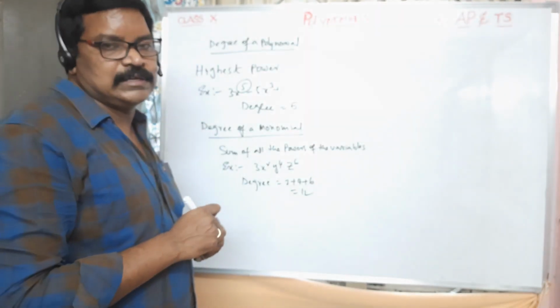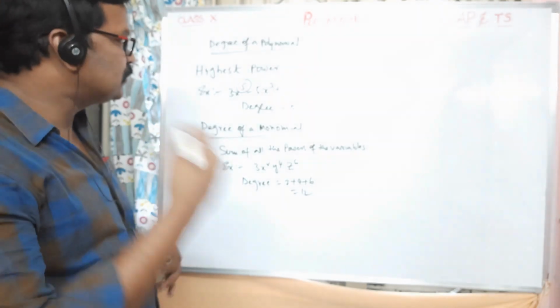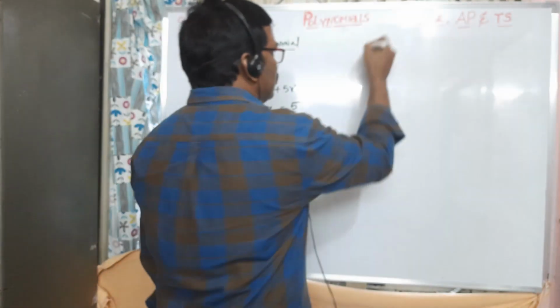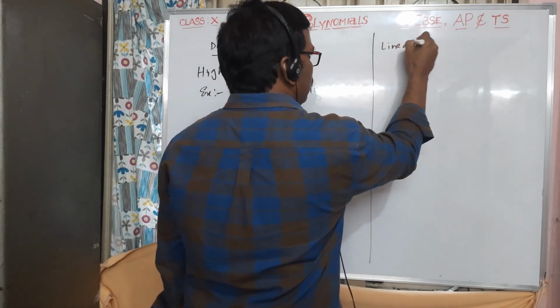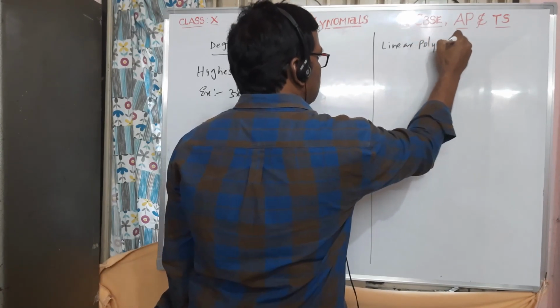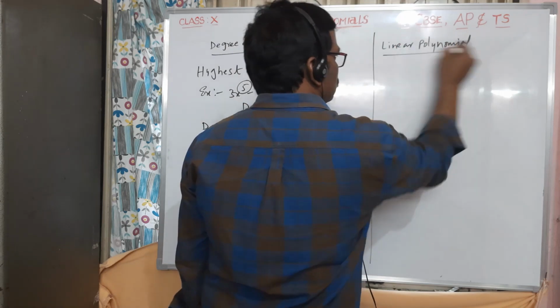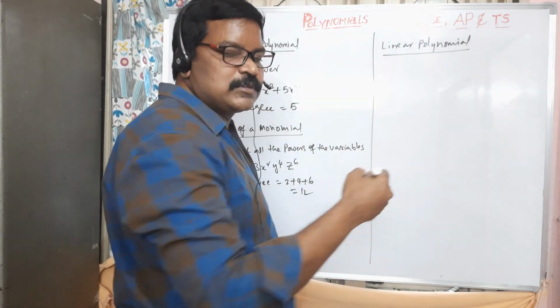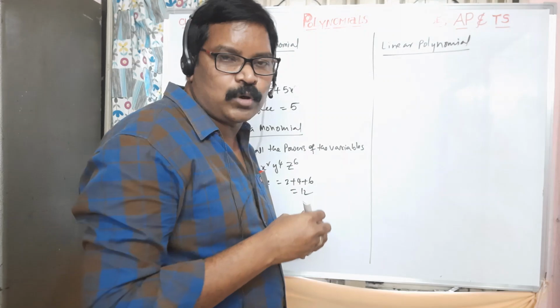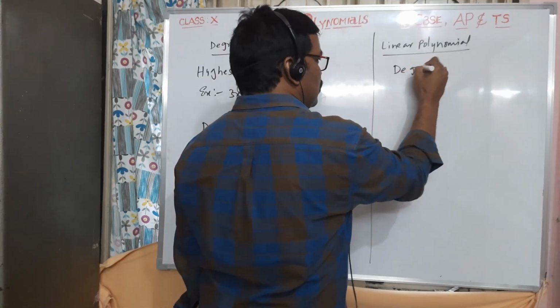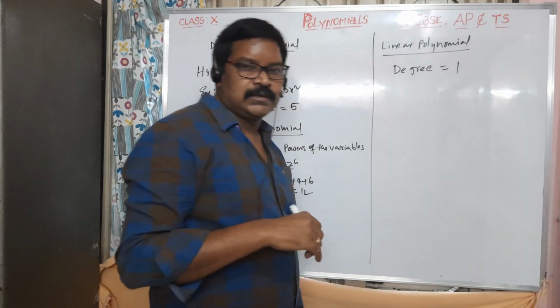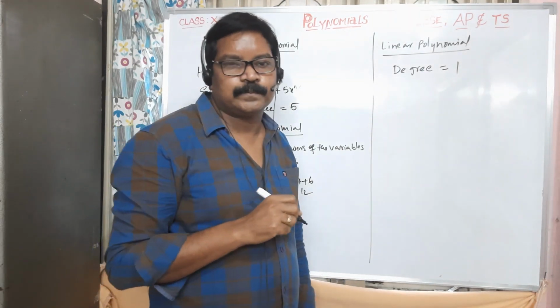The next topic is types of polynomials, which you have already learned. According to their degree, the first one is linear polynomial. Linear polynomial means the degree of the polynomial should be equal to 1.